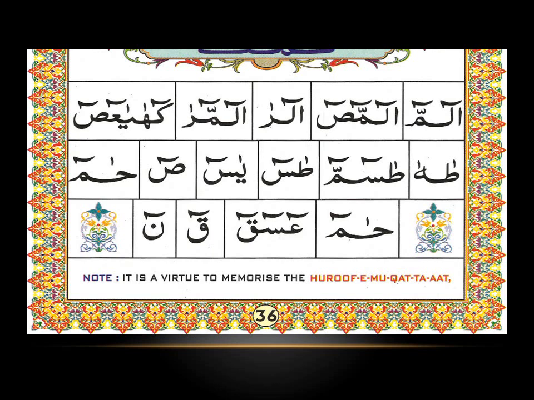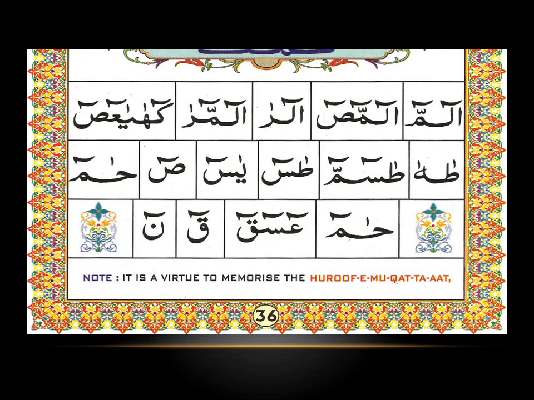Alif, lam, mim, sad. I'm not stretching alif because alif doesn't have a mad sign on it. So you will say alif normally, how you say it in everyday alif. But you will stretch lam, mim, and sad.